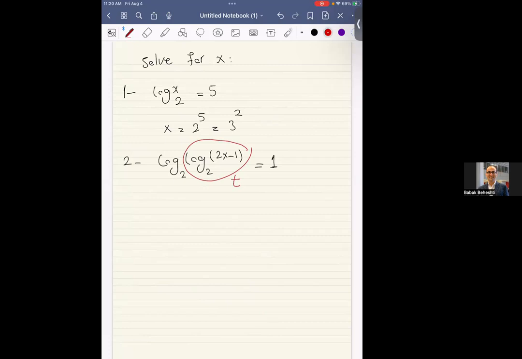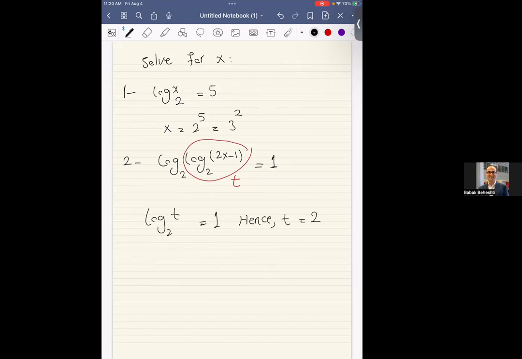So here basically the equation is log of t equal to 1, right? When I say log of t equal to 1, that means t is equal to 2 to the power 1. So t is equal to 2.